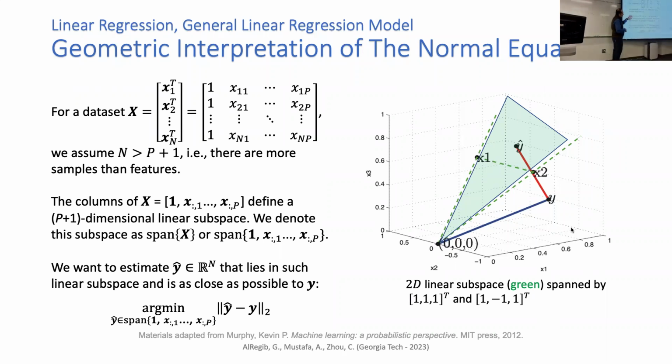So now, what we are really looking at is the subspace. So we have this X as an N by P matrix. And then we are claiming this one here is really defining a P plus 1, or just a P dimensional linear subspace. As an illustration, if you have 3, so I have X1, I have X2, I have X3, that's my subspace.